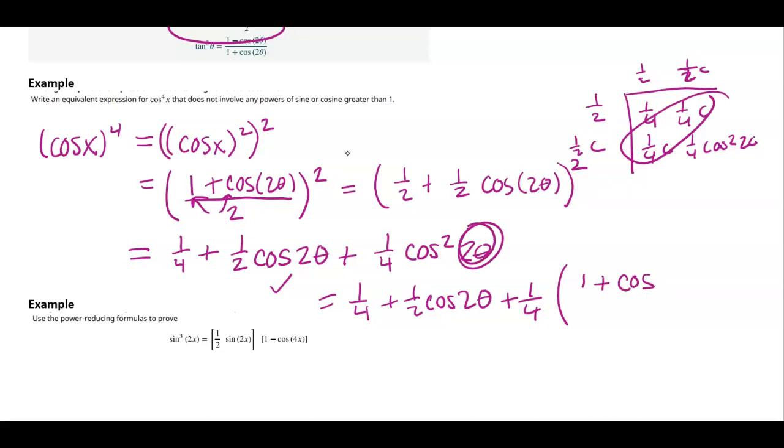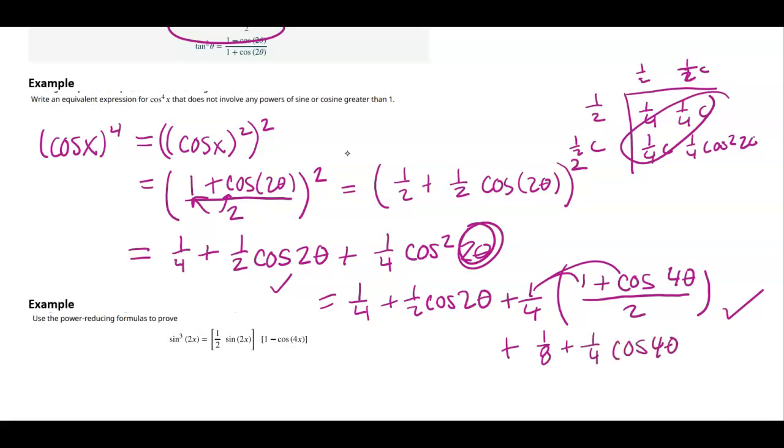This is of 2 theta, so 2 times 2 would give me 4 theta all over 2. And that would end up being our final answer. You could distribute in here if you wanted to, and we would get 1/8 plus 1/4 cosine 4 theta, and then plus this down here.